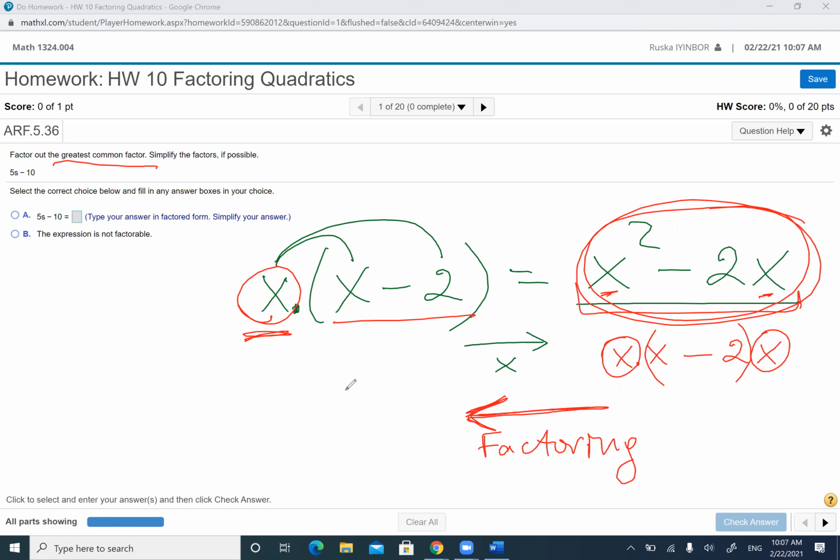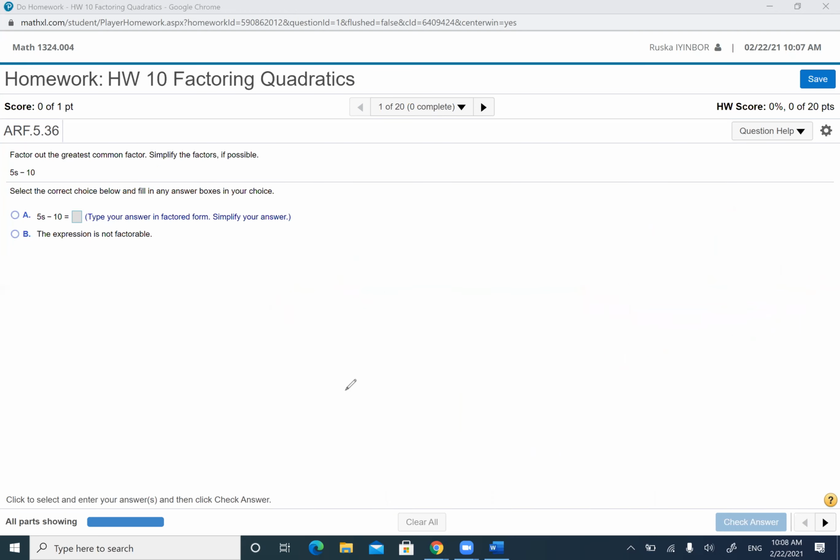Okay? So let's go ahead and do number 1 in your homework 10. So I have 5s minus 10, and looking at those, what they have in common. I have 5. 10 is divisible by 5, right? So I can write 10 to be 5 times 2, right? So actually I have 5 times s minus 5 times 2.